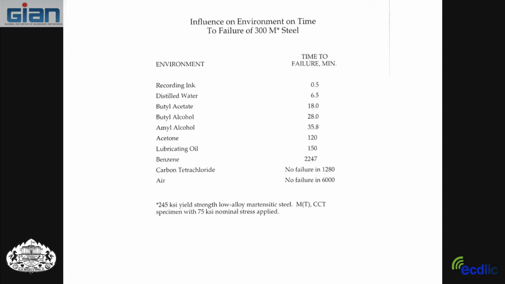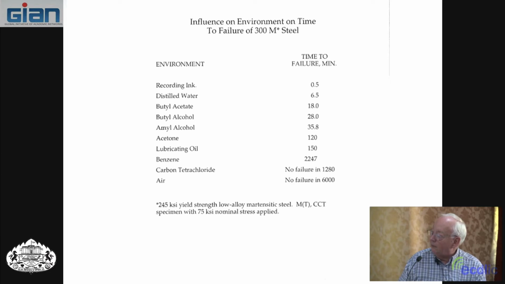Way back when, soon after fracture mechanics was invented by Irwin, they did this test. They got a high strength steel. If you just look at the numbers relatively, 245 KSI yield is really high strength. It's getting close to 2,000 MPa yield strength. It's a very high strength martensitic steel.